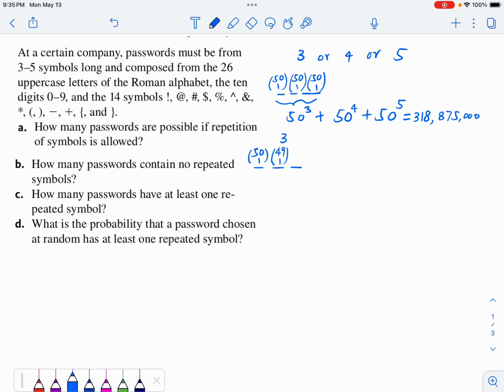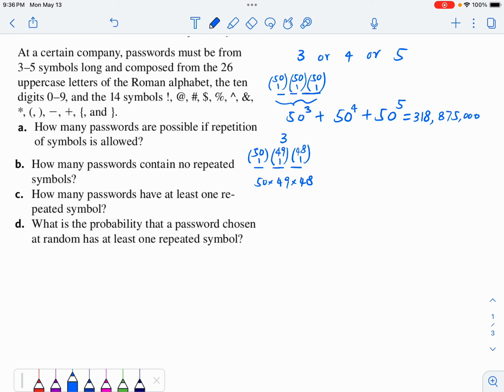Similarly, after those 2 symbols are chosen, you cannot choose any of those for the third one, which means you're left with 48 symbols to choose from. So it's 48 choose 1. That means 50 times 49 times 48, which is how many ways to form a 3 symbols long password.